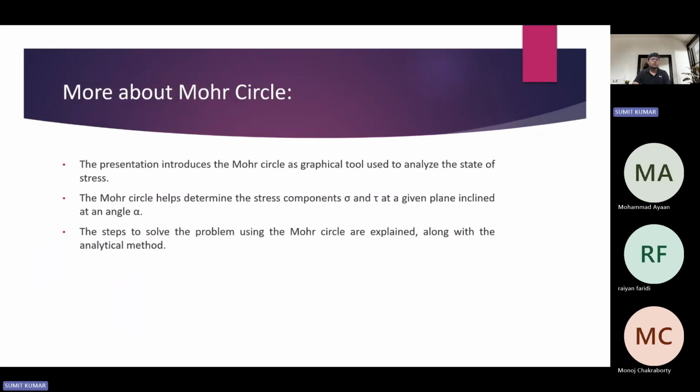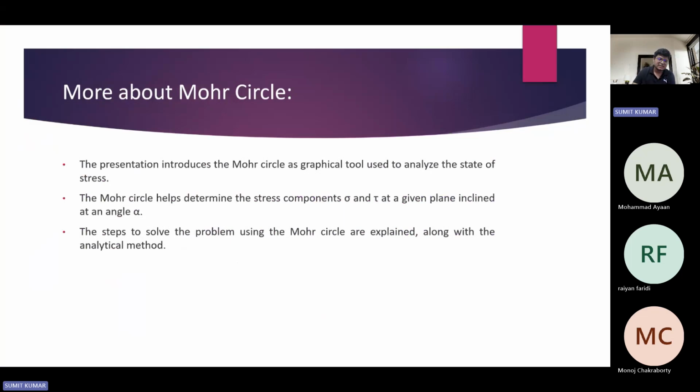Now, talking more about the Mohr circle, the presentation includes the Mohr circle as a graphical tool used to analyze the state of stress. The Mohr circle helps in determining the stress components sigma and tau at a given plane, including one inclined at angle alpha. The steps to solve the problem using the Mohr circle are explained along with the analytical method.